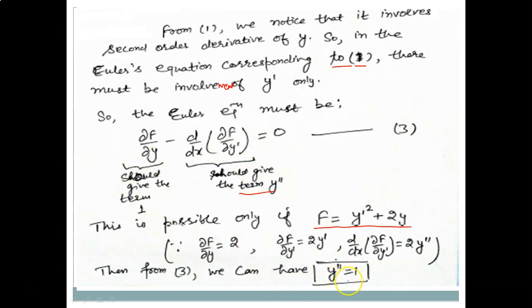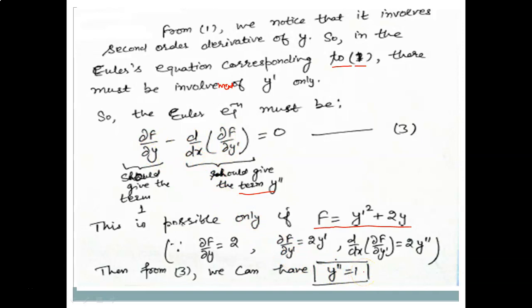That means you have obtained such a function f due to which the fundamental Euler equation gives y double dash equal to 1.